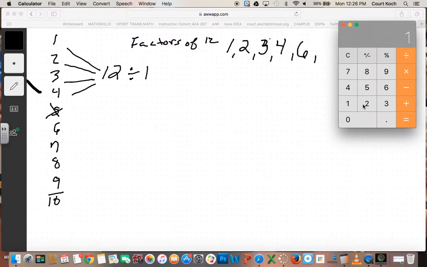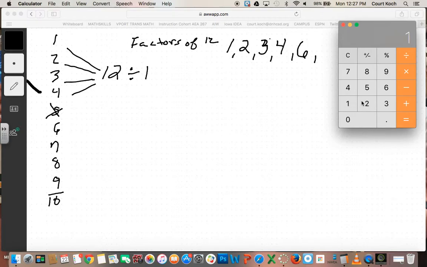Let's try 7. Oh boy, see the whole number 1 and that big decimal? That's not going to work. Decimals are bad for factoring, so 7 is not going to be a factor.